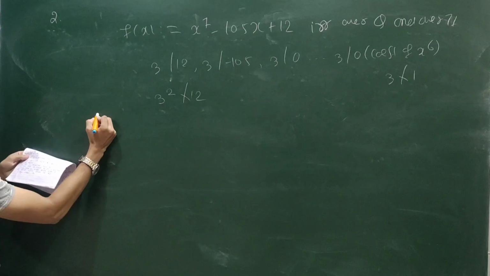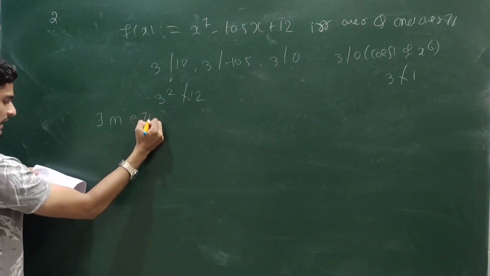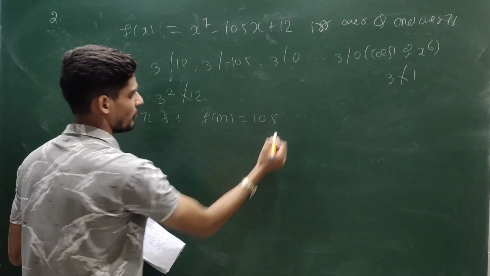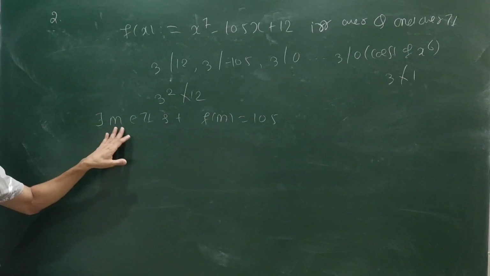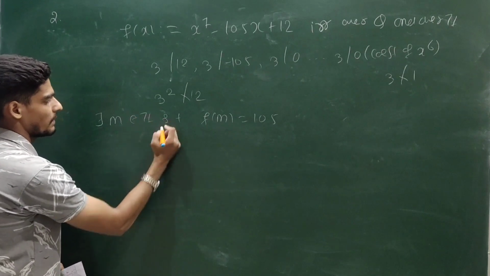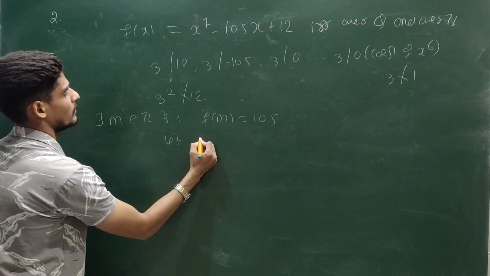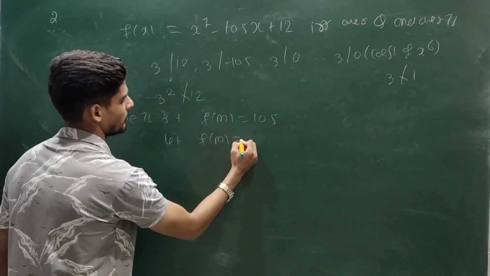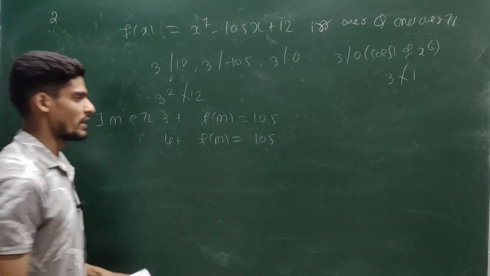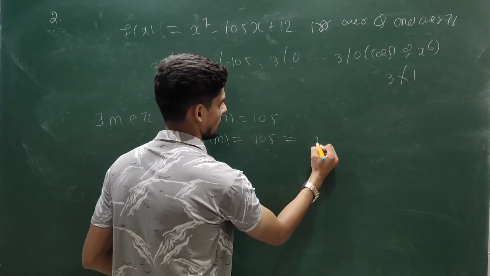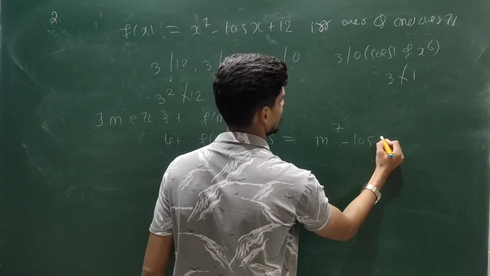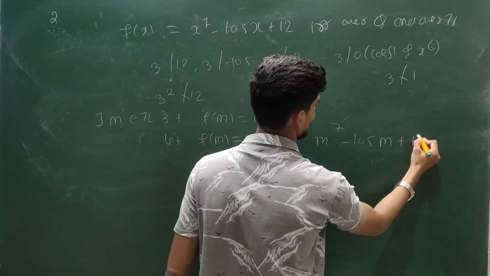It is saying there exists m, an integer such that fm equals 105. Let us see, can such m exist? Let f of m equal 105. Then this will be m power 7 minus 105 m plus 12.